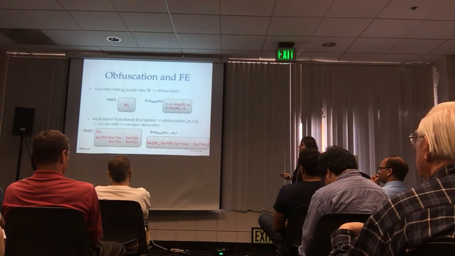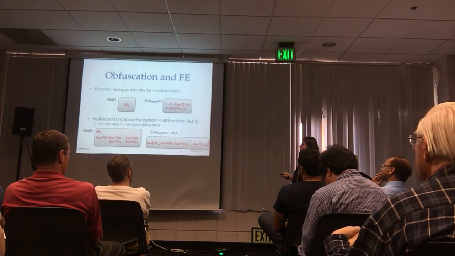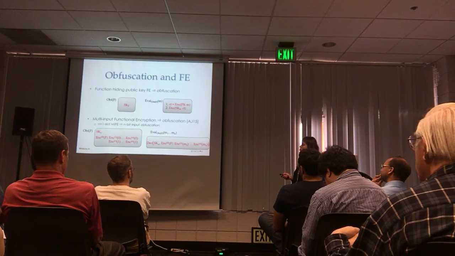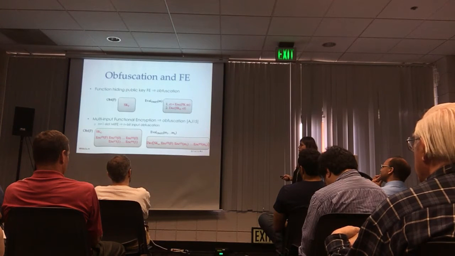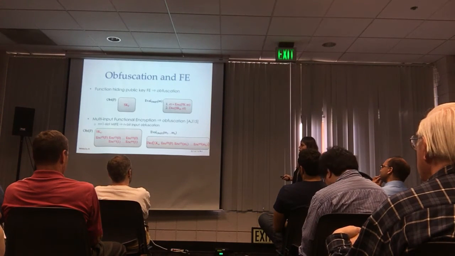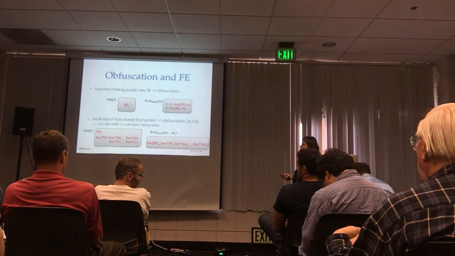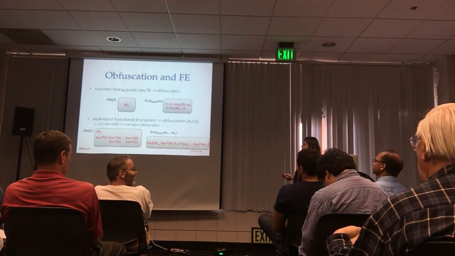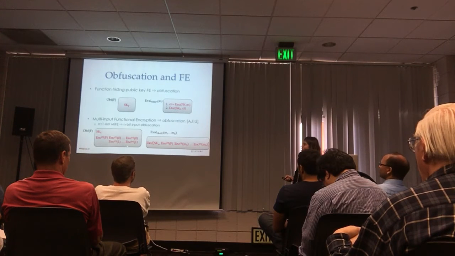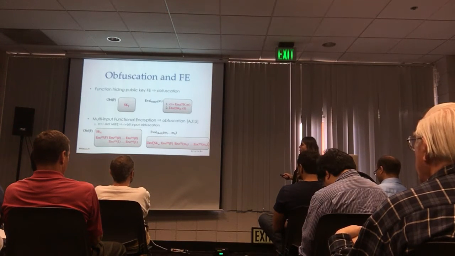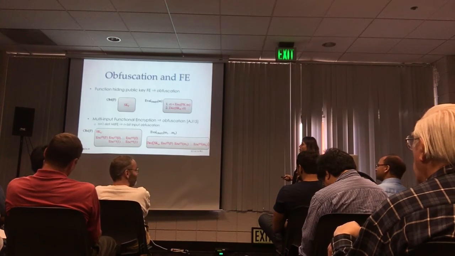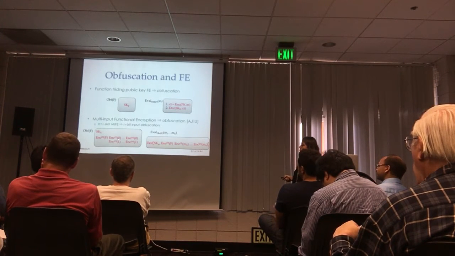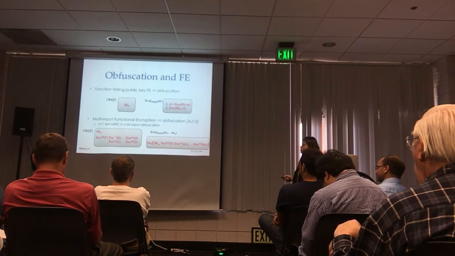If we want to evaluate the function on n bits, so m1 to mn, what we will do is we will run the decryption with this key for the universal circuit, with the encryption of the function that we have, and then we will be selecting for each slot the encryption corresponding to the bits that we have. So if m1 was 0, then here we will select the encryption of the bit 0.